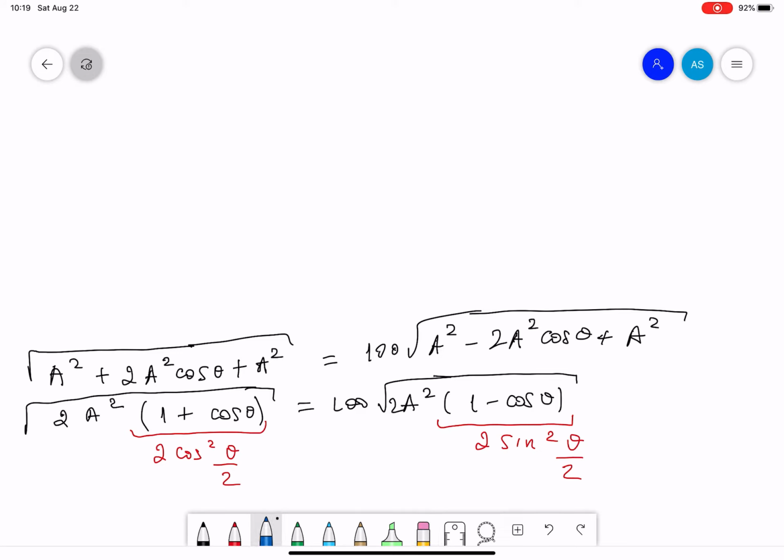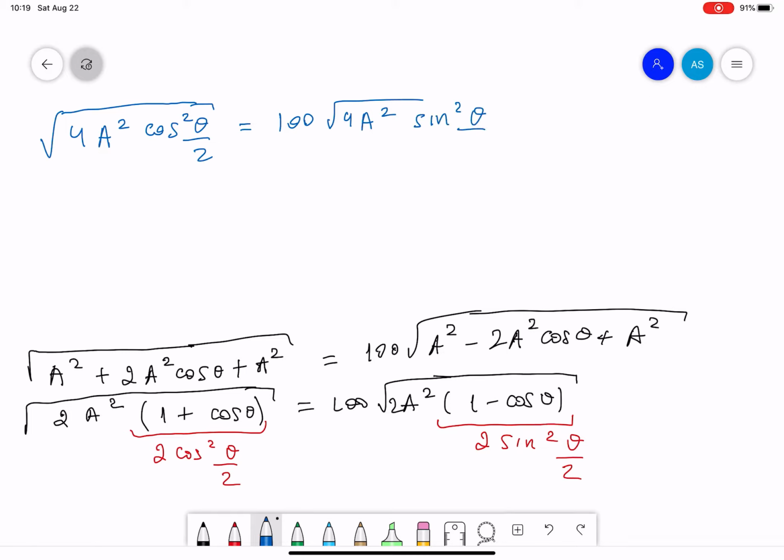So that means we are trying to get 4a squared cosine squared theta over 2, correct? Then it is equal to 100 times 4a squared sine squared theta over 2.